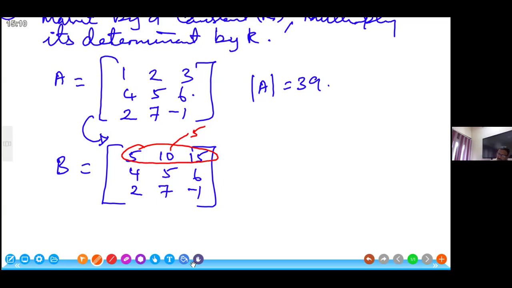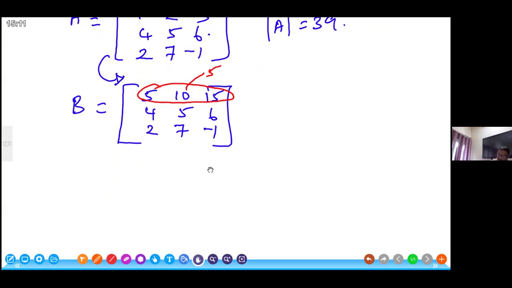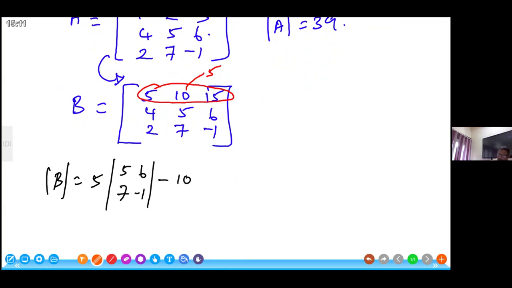So now find out the determinant. Determinant of B is equal to 5 into cofactor of 5, 6, 7, minus 1, minus 10 into cofactor of 4, 6, 2, minus 1, plus 15 into cofactor of 4, 5, 2, 7.